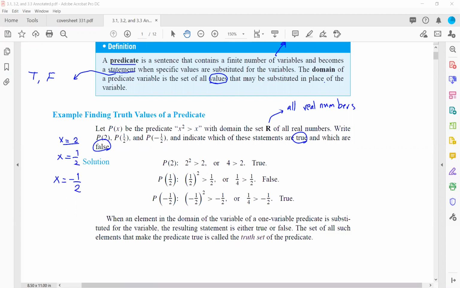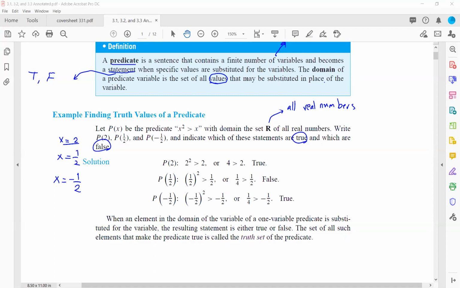You know that this is a false statement. Then P of minus a half. Wherever we see x, we just substitute minus a half. Minus a half squared is greater than negative a half, or a positive number, a fourth, is greater than negative a half. Obviously, this is true.